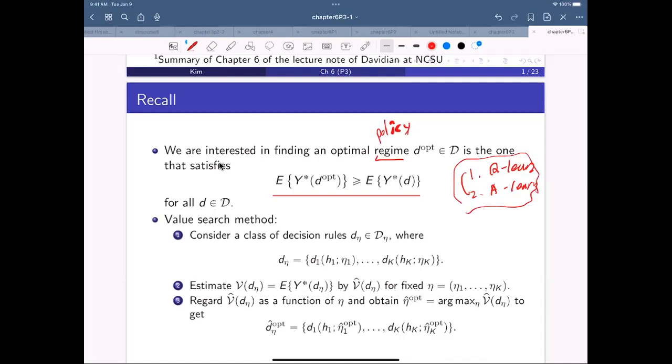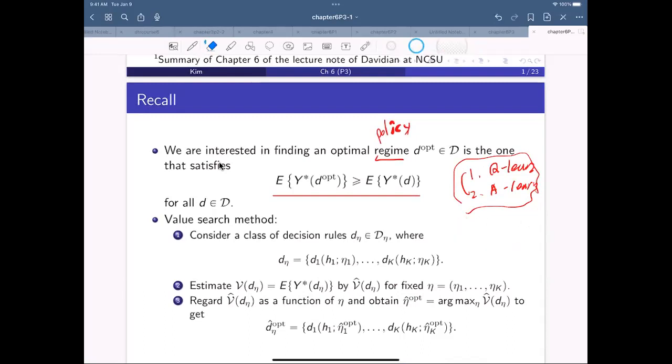One of the main results is that the optimum is the conditional expectation, so arg max over A of Q(X, A), right? Remember?